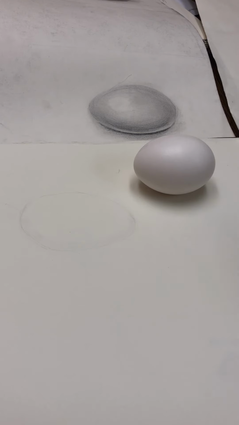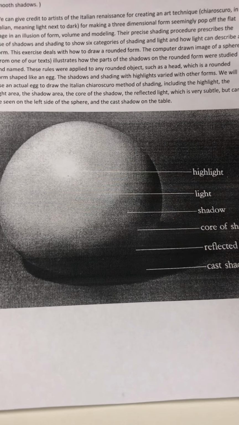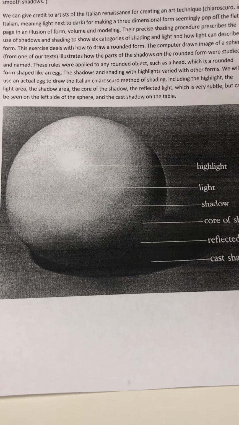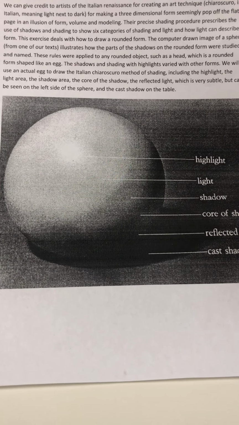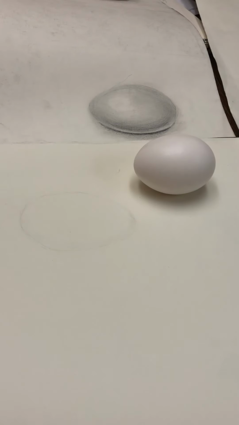And we're starting in your assignment handout. You have a computer drawing of a sphere. This is a bad reproduction, but we'll go with it. So the part that is the very lightest, where the light reflects on the egg, and you should set up a light that's coming from the top, or sit by a window, or ideally have a light set up that's shining down on your drawing area.